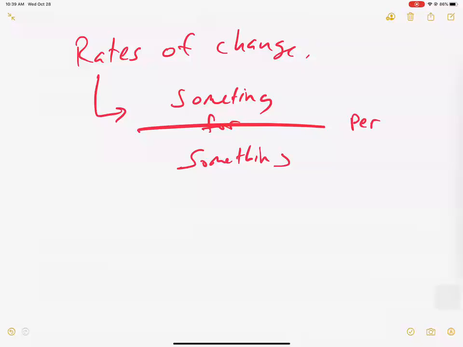Can anyone give me an example of the word rate? Have you heard the word rate in anything in real life? Not a rating, like a rate. In what context?